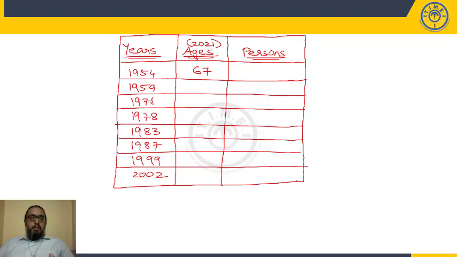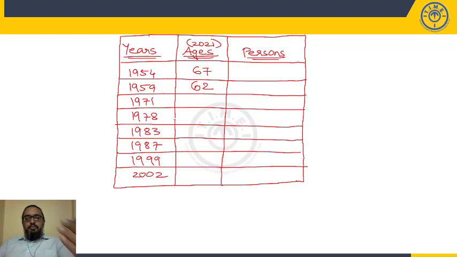Yes or no? By the same amount. So from 54 to 59 you have 5 years difference. From 67 you do minus 5. So when you do minus 5 you get 62. So that is the concept. When you are increasing the number of years, you will be decreasing the number of ages. So from 54, you get plus 5 as 59. So from 67, you do minus 5 as 62.